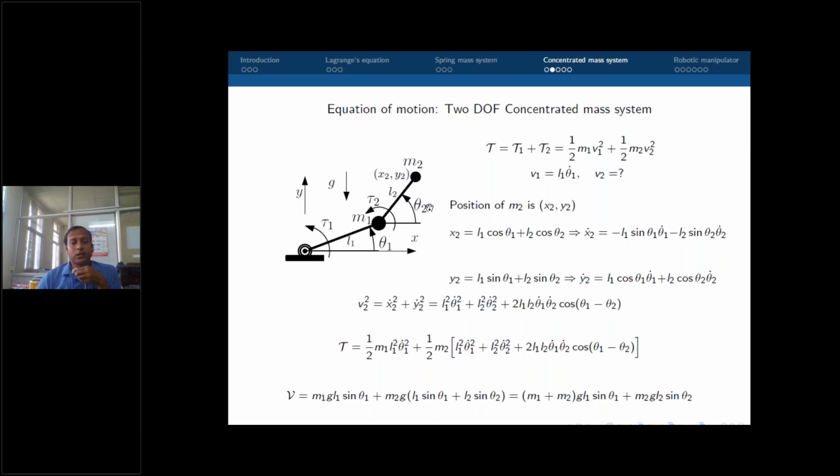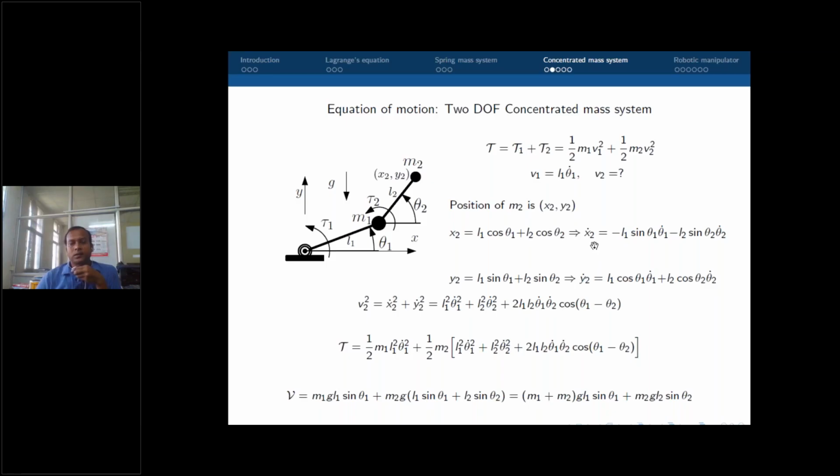So the absolute velocity is the square root of the sum of these two velocities squared. That means v2 square is x2 dot square plus y2 dot square. We have calculated x2 dot and y2 dot beside the definitions of x2 and y2. Just take the derivative with respect to time and you get x2 dot and y2 dot.